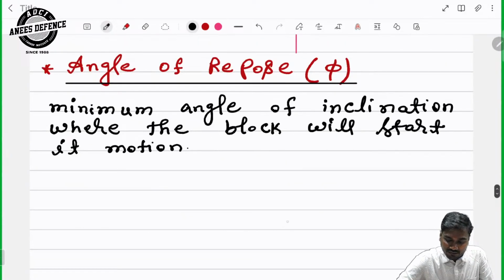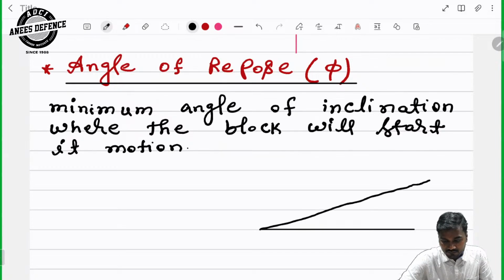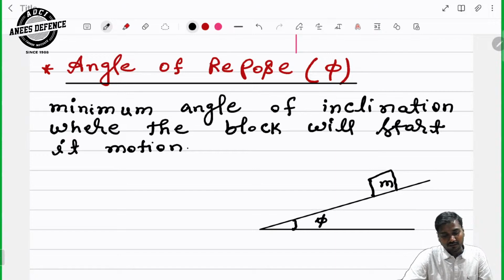Means you can draw a simple diagram like this. Here is object M, and for this particular angle it will start to move.